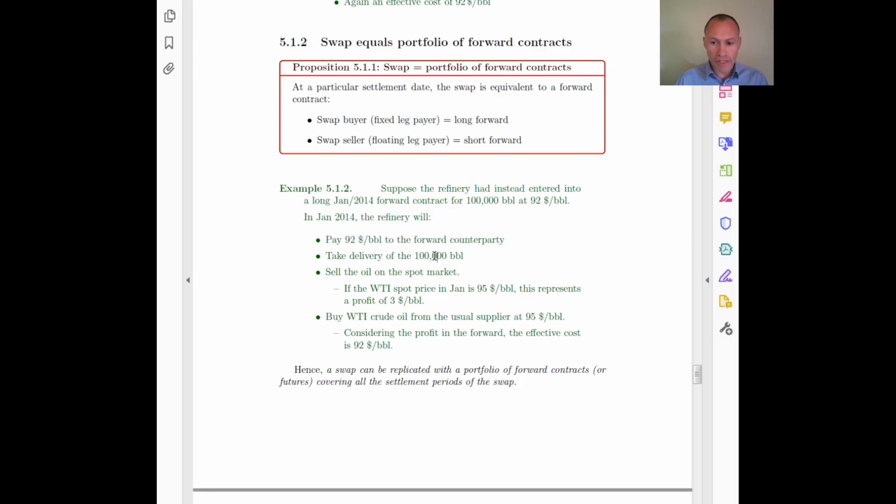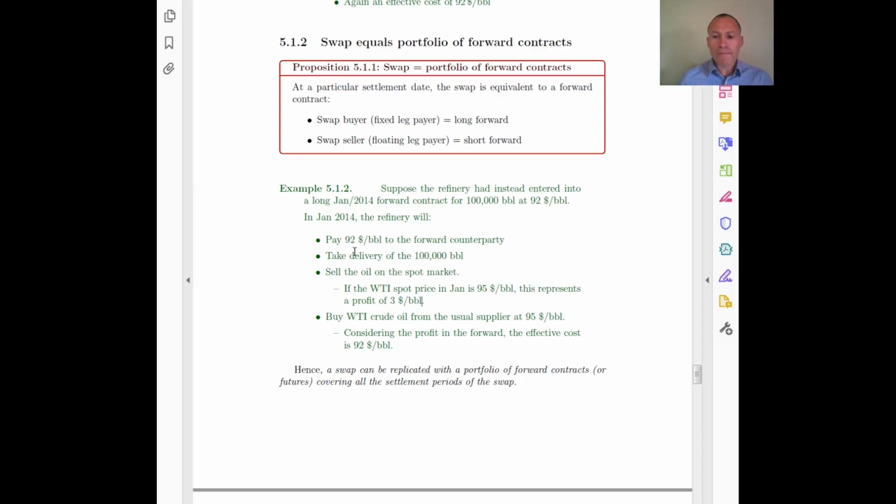It will take delivery of the oil. It can sell the oil on the spot market, and the spot price that we are assuming here is exactly the same as in the previous example. So it will sell the oil for 95, which is a profit of 3, the 95 minus 92.